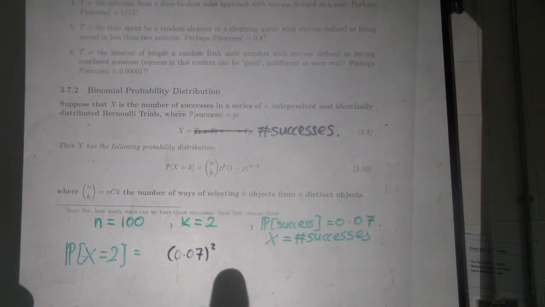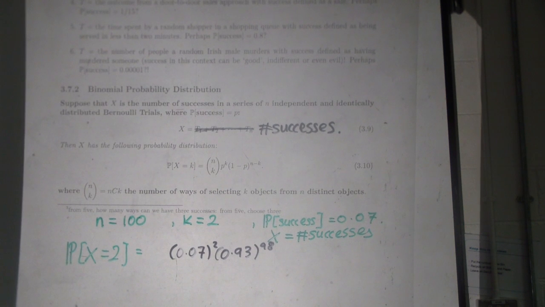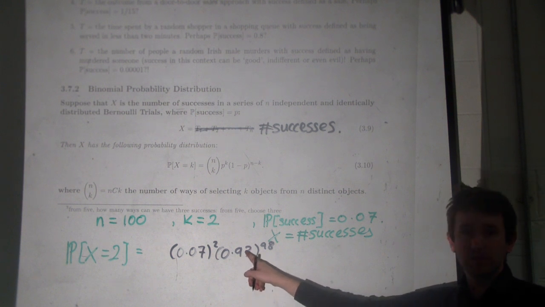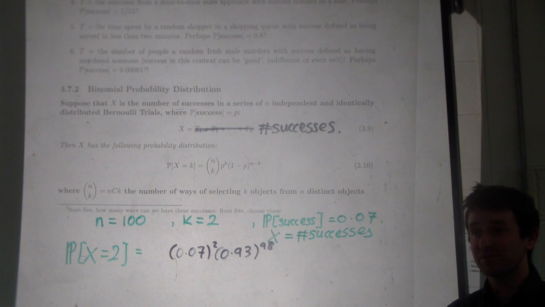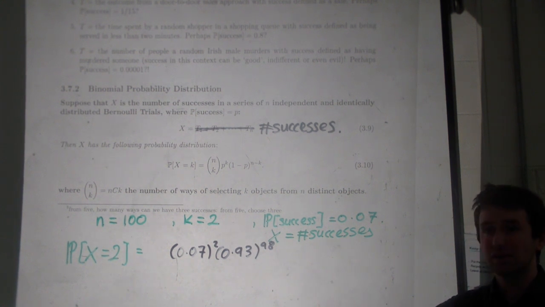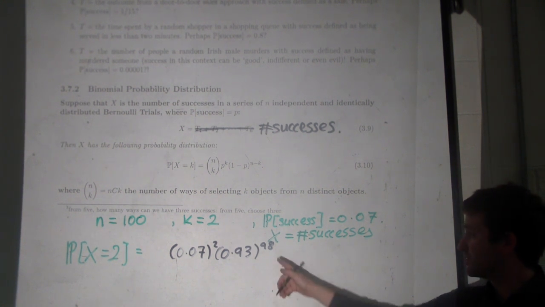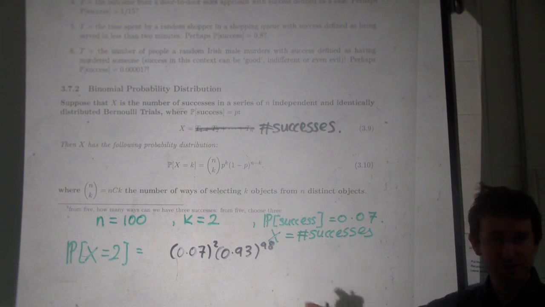So 0.93 multiplied together 98 times, which is 0.93 to the power of 98. Now by the way, with these large numbers, no rounding. So if it was something like 1 out of 15, you have to use 1 out of 15, not point whatever. Because when you take some power of 98, rounding errors get really, really bad.